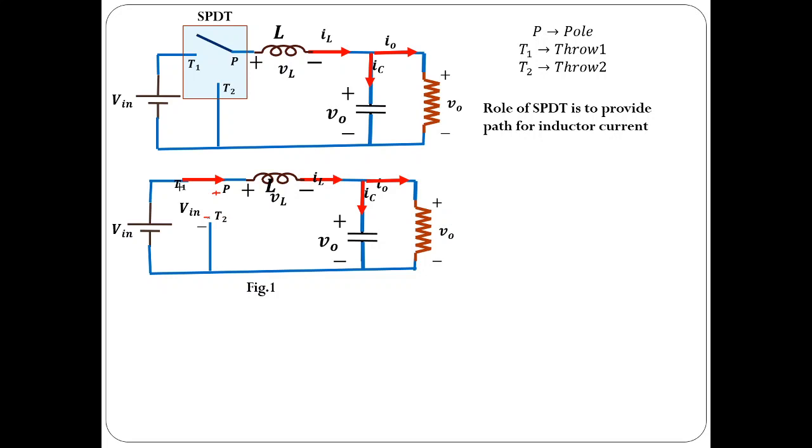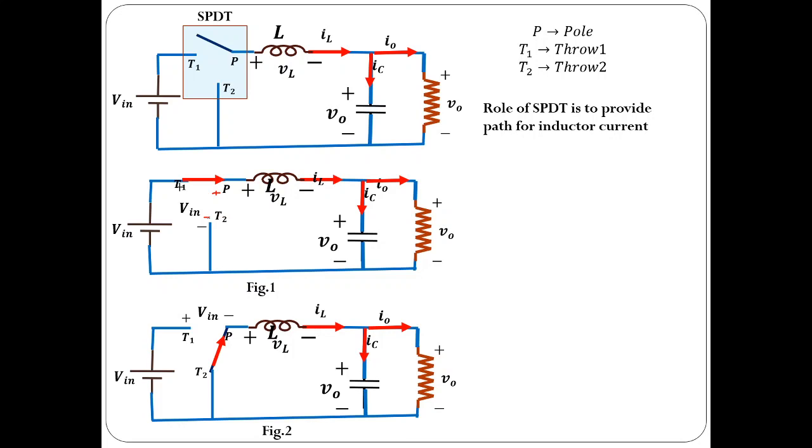Whenever the pole is connected to throw 1. Now if the pole is connected to throw 2, what should be the current direction through the inductor? The current through the inductor should be the same as the current through this pole and T2. So from T2 to P, you should have current which is the same as the inductor current.